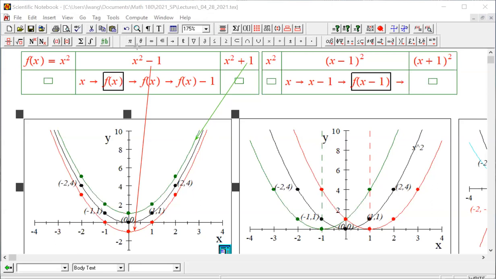And the black is the x squared. Okay, remember that? Okay, and we will see the similarity. In fact, the ideas are all the same.